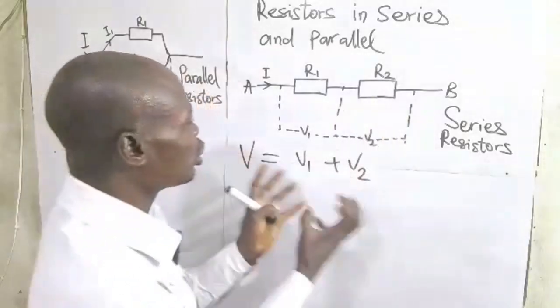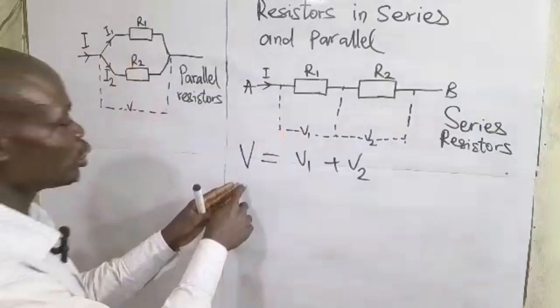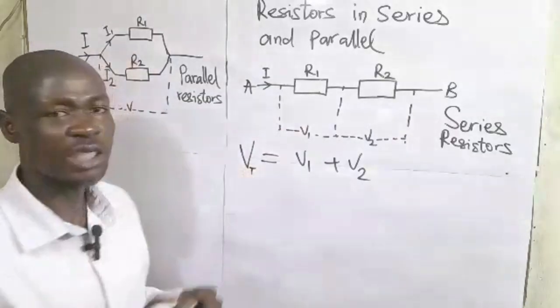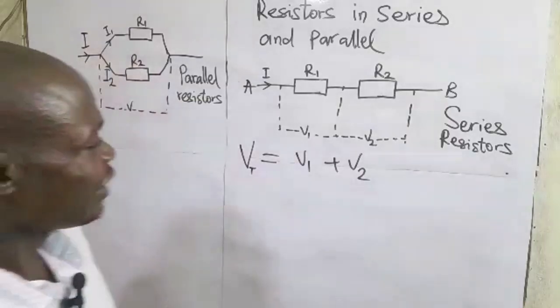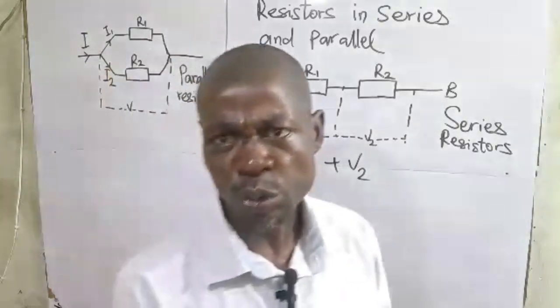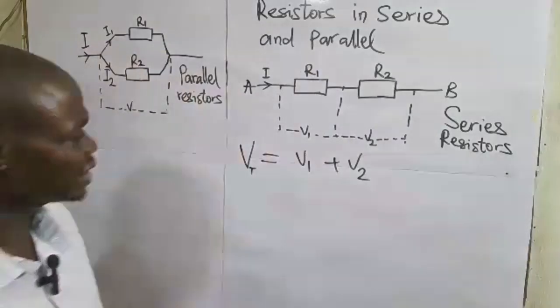So that means that when we total the potential across R1 and R2, that gives us what? The total potential across AB. Now, we know that potential is current times resistance.